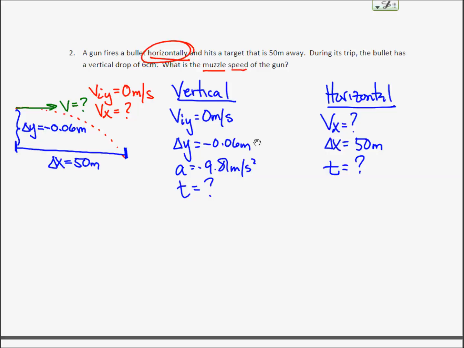All right, so I'm going to use that same equation again. How do I know that this is the one I'm going to use? It's got all of my givens and all of my unknowns in it. All right, so negative 0.06 meters. The initial is 0 times time, so I know that that's going to be 0.